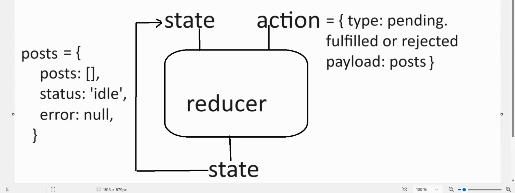It means that the thunk function makes an asynchronous request to the server, and the server lays posts as a property of our object, post.